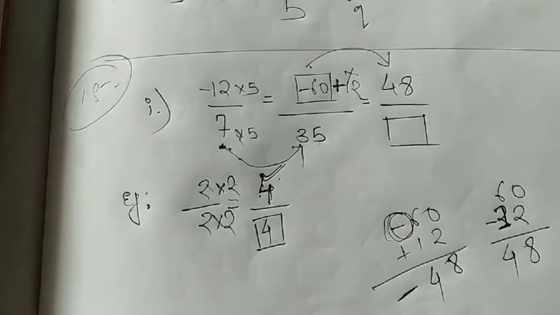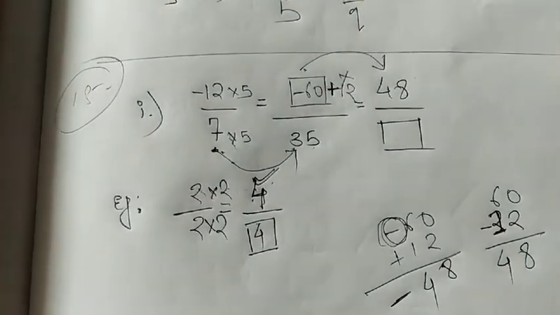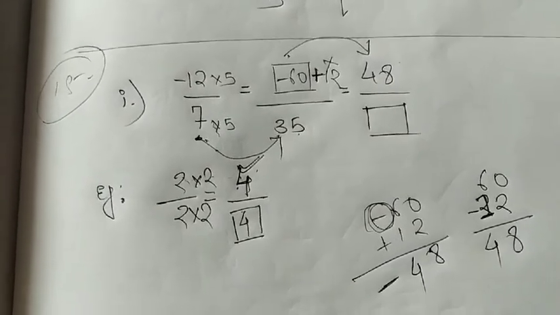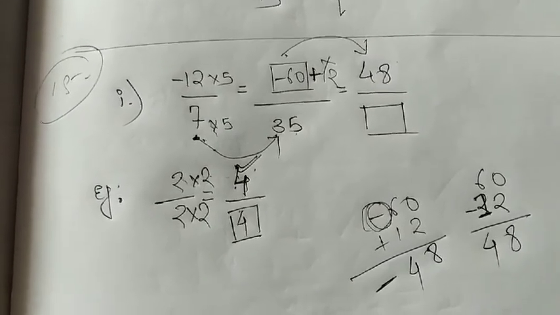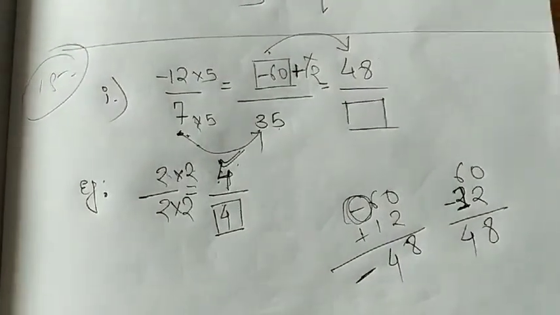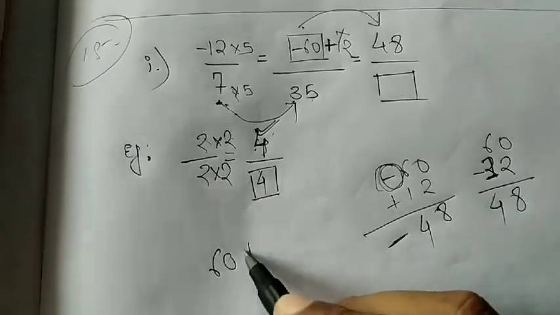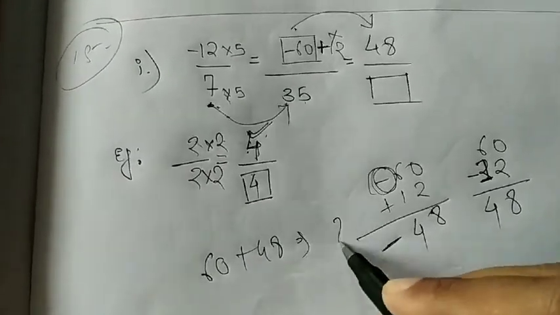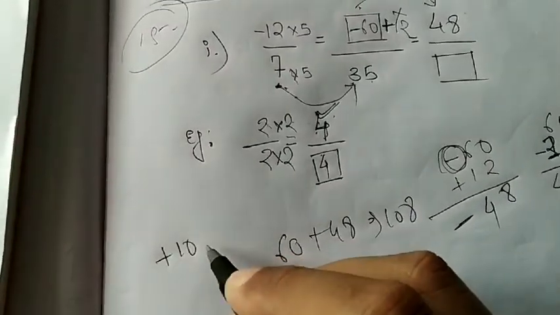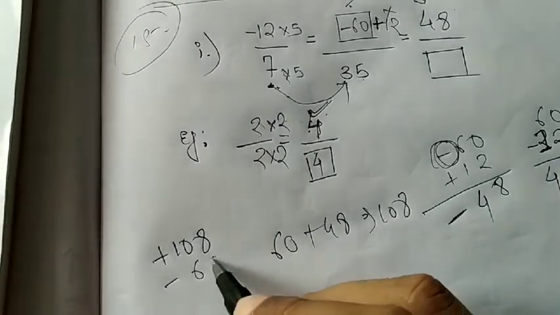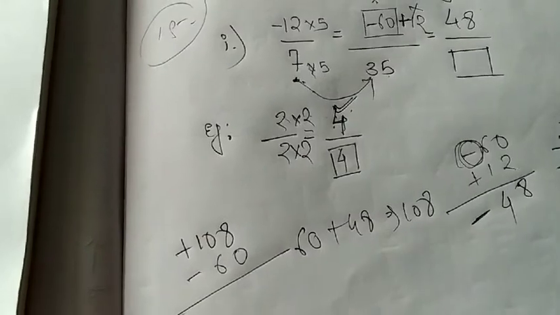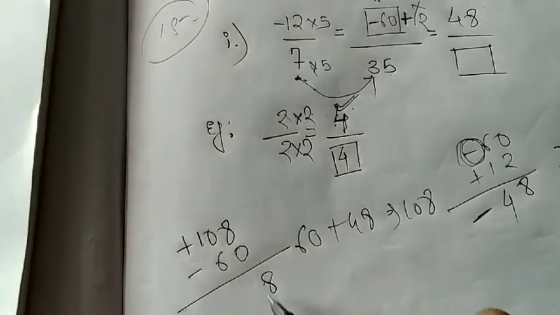What possibly can we do to bring 48? You can do something. 60 plus 48 is equal to 108. Yes, now see, plus 108 minus 60. Okay, let's solve this, then I will tell you why I added 108.